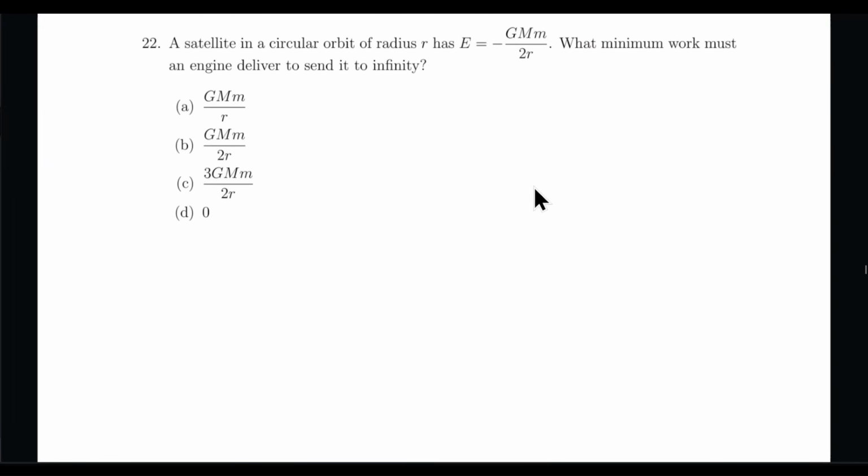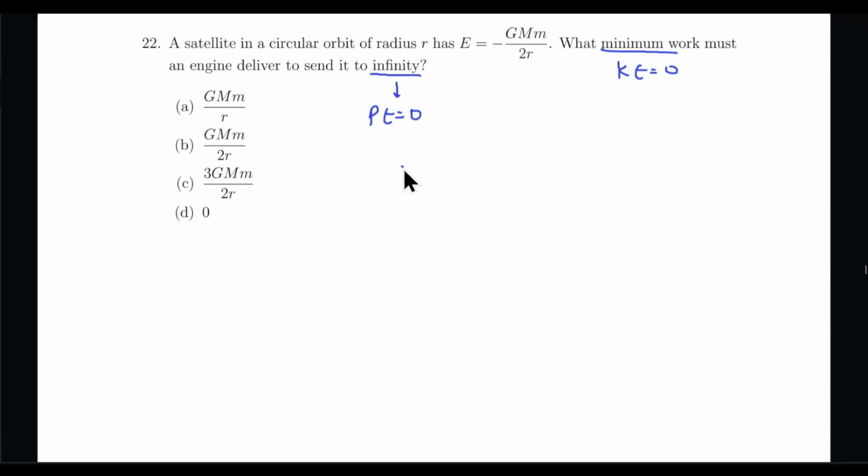Right, a satellite in a circular orbit of radius r has this as total energy E. We know that. What minimum work must an engineer deliver to send it to infinity? There are two things. Infinity means the potential energy at that point is zero, and minimum means I want the kinetic energy at that point also to be zero.